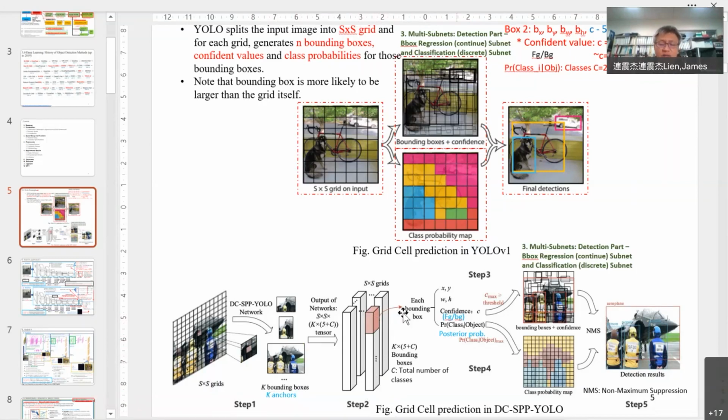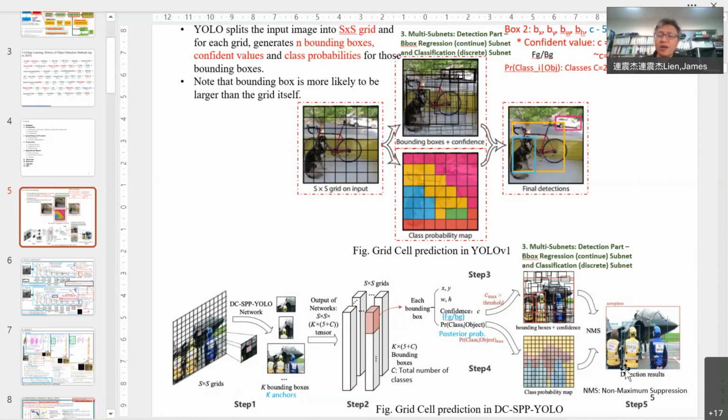After you do the training and the test, your result will look like this. There are many bounding boxes in your output. So we need to use non-maximal suppression to delete many overlapping bounding boxes.